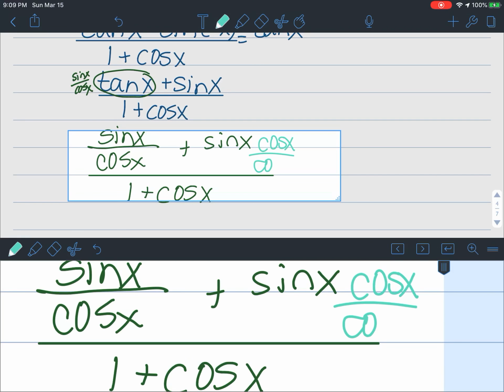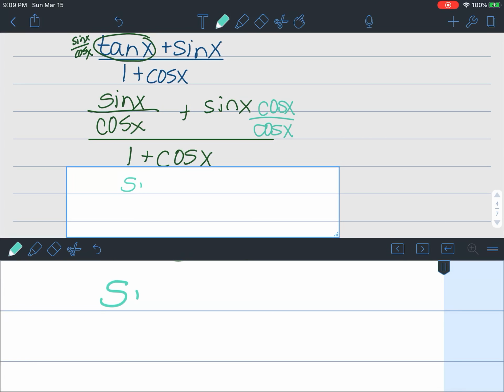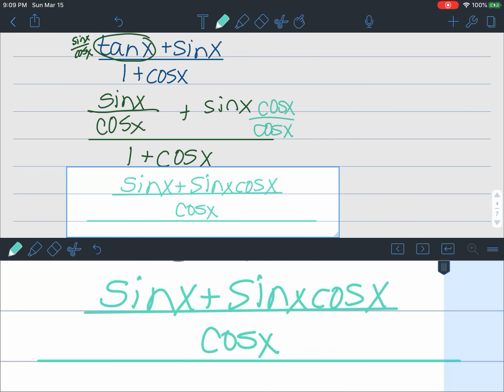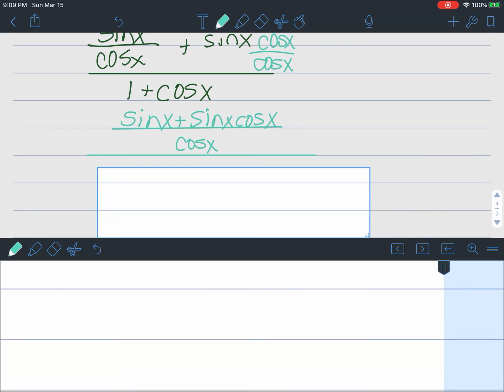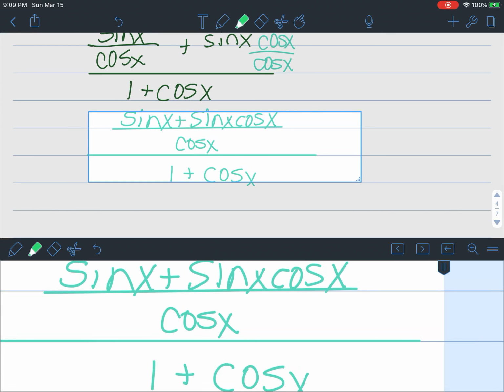Okay, so I'm going to put a cosine on the top here and on the bottom here. So now the top looks like sine x plus sine x cosine x over cosine x, and all of that is over 1 plus cosine x.